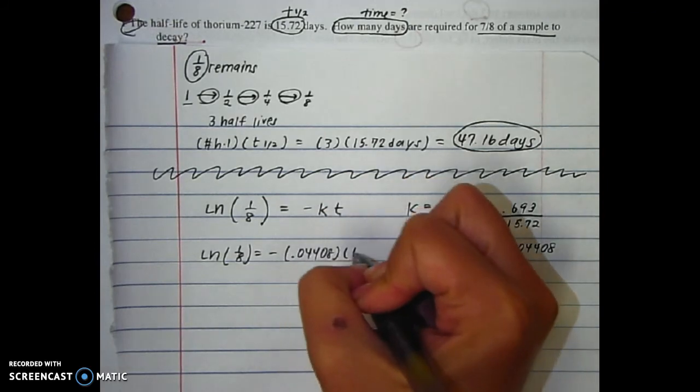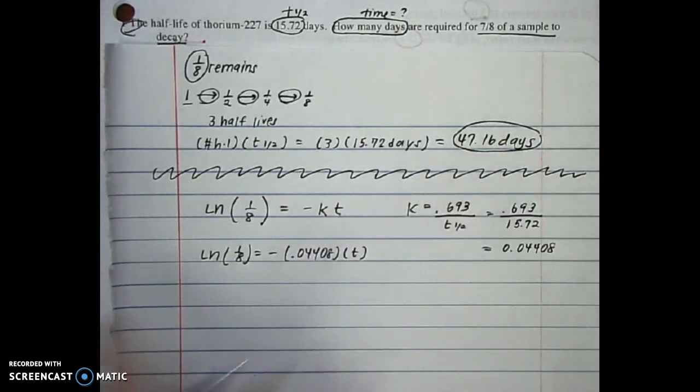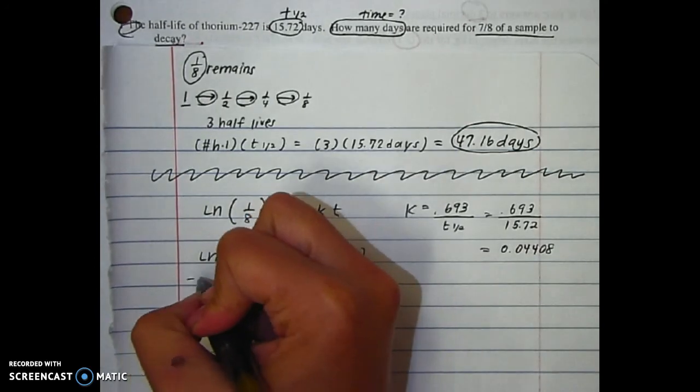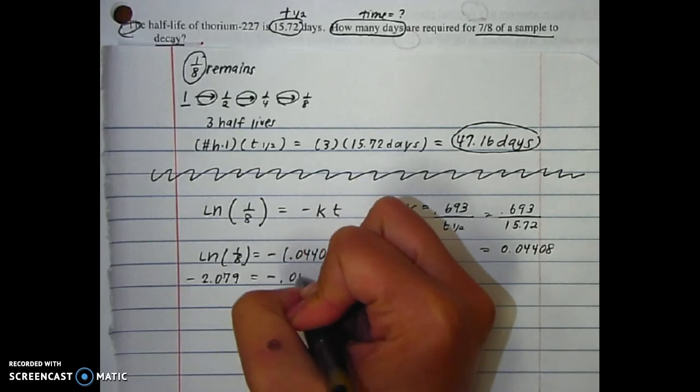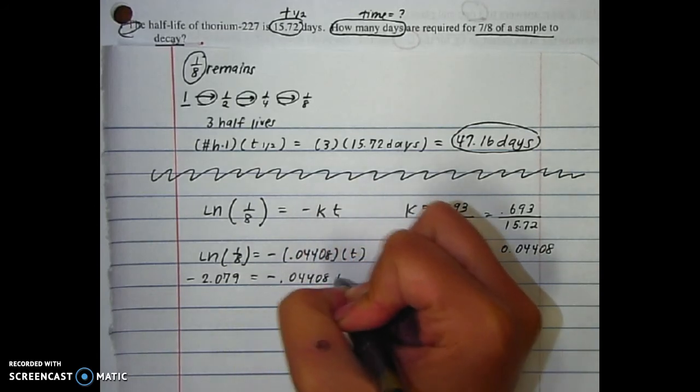0.04408 times time. Okay. The natural log side, I'm going to go ahead and simplify off my calculator. It's natural log 1/8. And when I do that, I get a negative number. I get negative 2.079, equals negative 0.04408 times t.